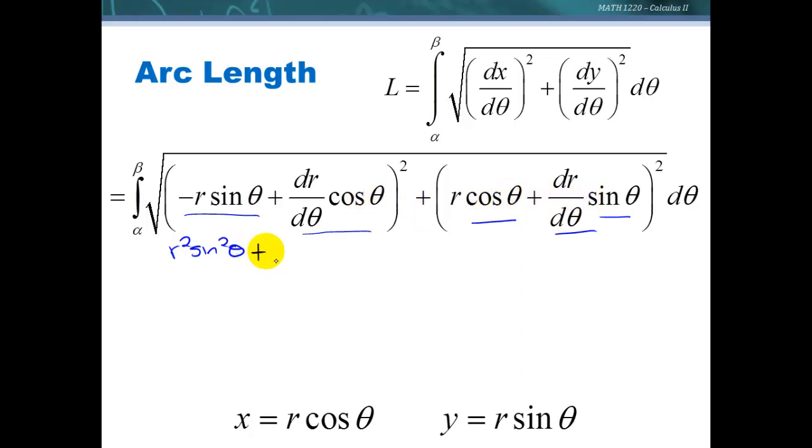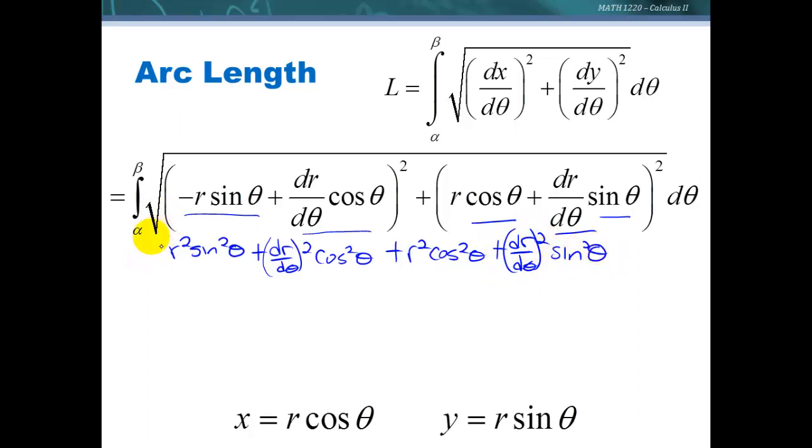Then we're going to have plus dr d theta squared cosine squared theta, plus, and this will have an r squared cosine squared theta from the first term here, and we canceled the middle terms, so plus dr d theta squared and sine squared theta. All of this is still underneath the square root, and we still have the d theta, just writing this piece of it so we can see how to simplify it.